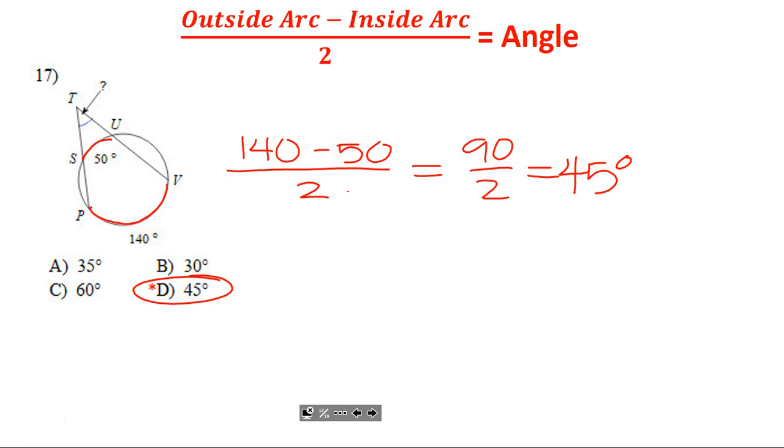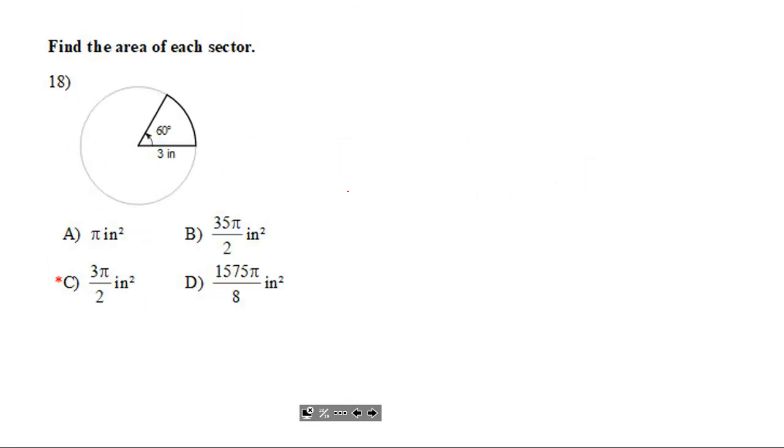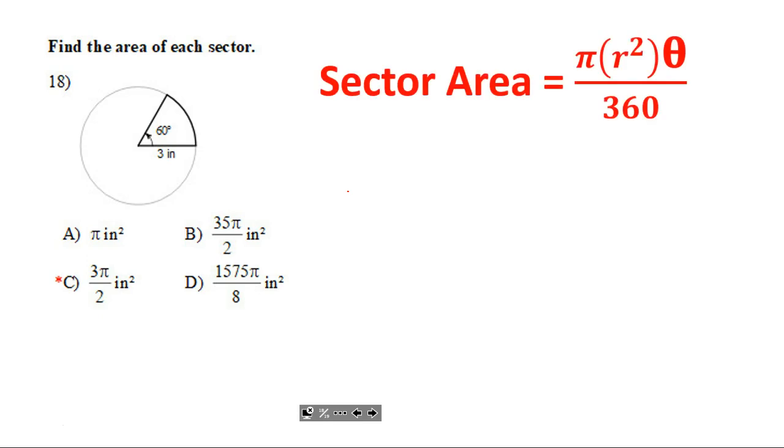All right, so our number 18, it says find the area of each sector. Now this formula is on our formula sheet. So all we have to do then is populate the formula. We're going to square our r, which is the 3 right here, and plug our theta in. So we're going to do pi, and then 3 squared times 60 over 360.